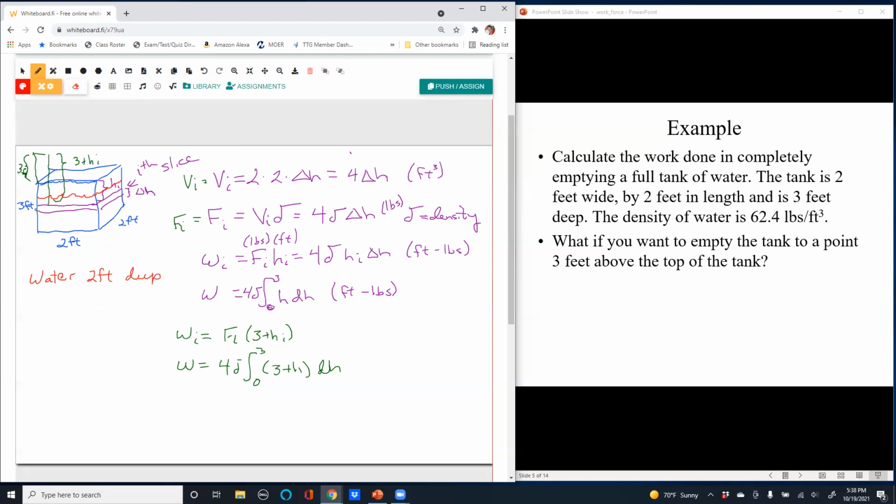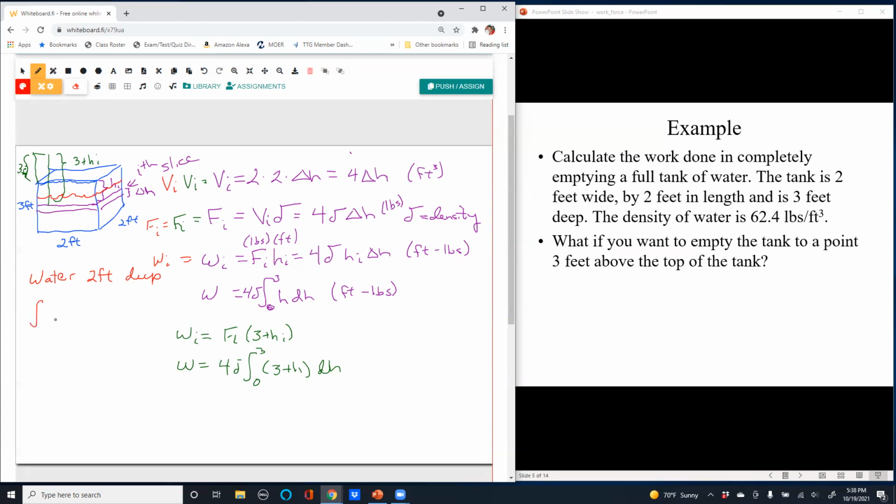Okay. That slice stays the same. That force on the ice slice stays the same. And now to move that slice out, well, it's still h sub I. So it turns out that in this red case, the work on the ice slice stays the same.